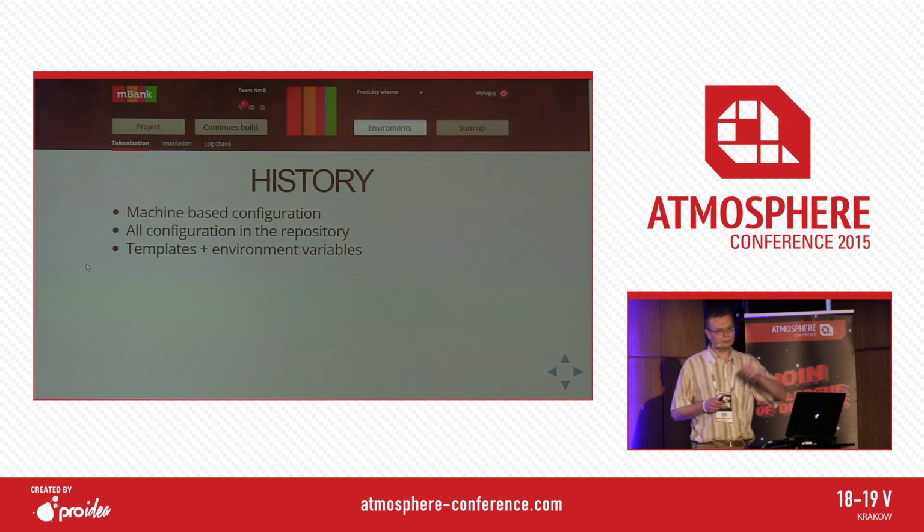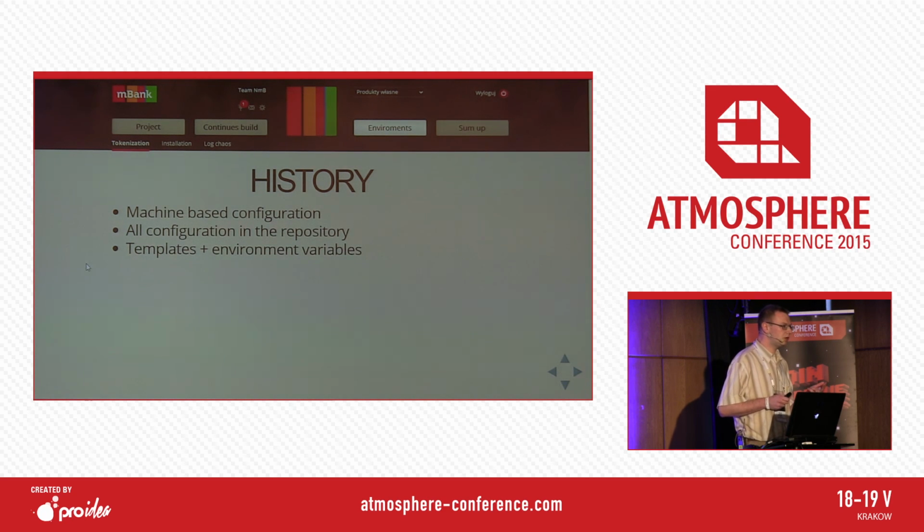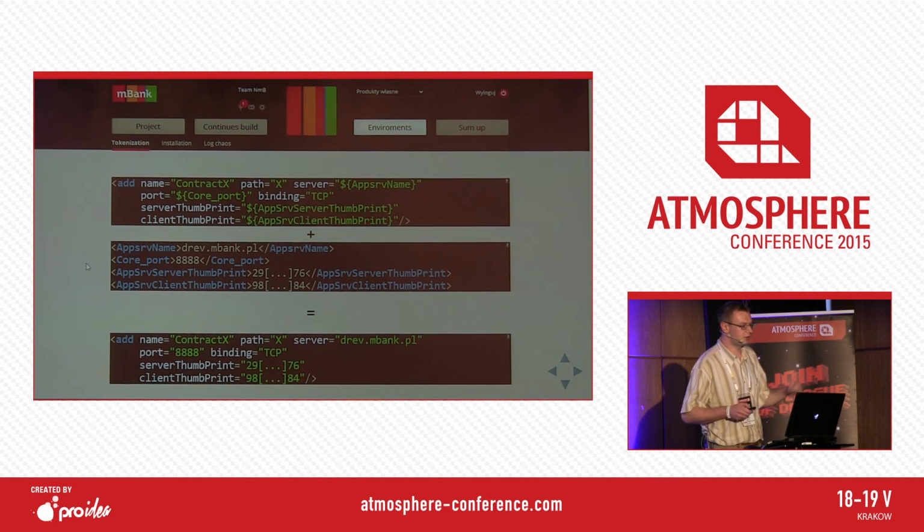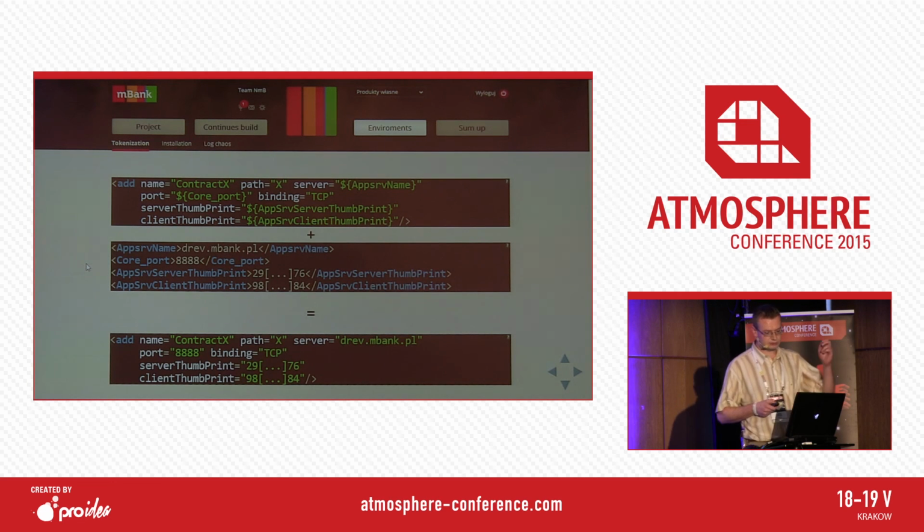So let's move forward to the third solution. Let's prepare what we call a template of the configuration, and then we keep separate files with the values that have to be put in the specific points of the configuration. You can see an example. In the top box, we have an example of the template. As you can see, there are special tags that start with $ and the name in curly brackets.